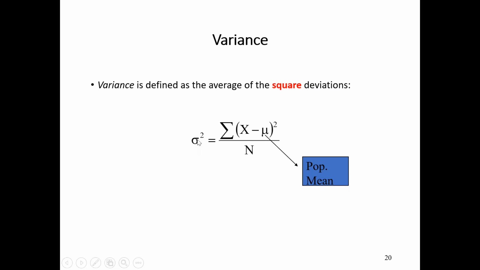This is shown by sigma square, and it is equal to the summation of x minus mu. Let us say if the value is not given, then it could be the population mean. Usually the population mean is known, and how much each value is different from the mean, you square those deviations and divide by the total number, so that becomes the variance. So please remember this: variance is giving you an indication about the average of the squared deviations.